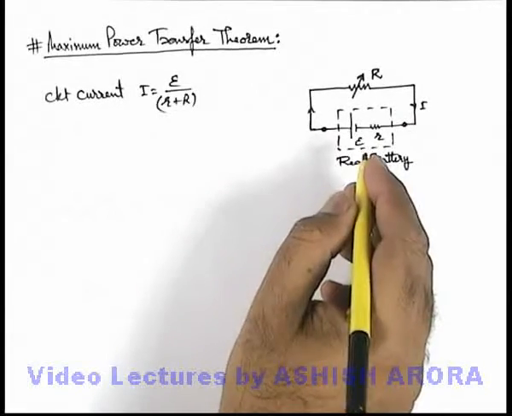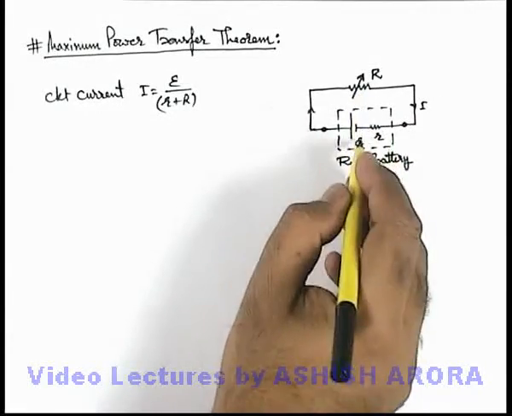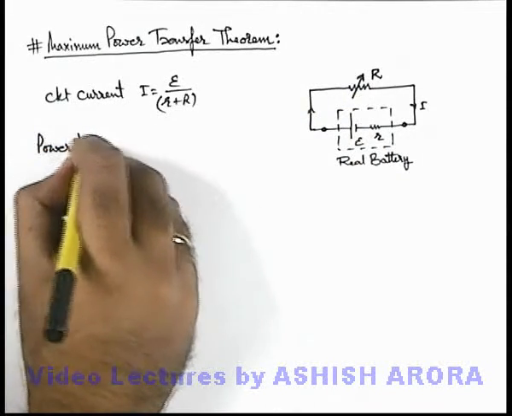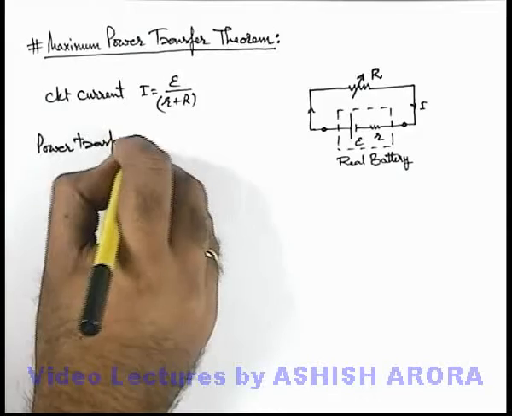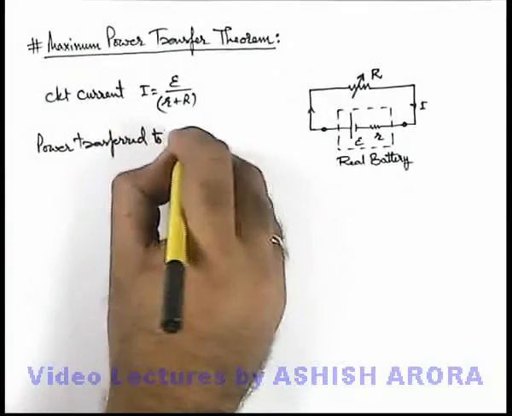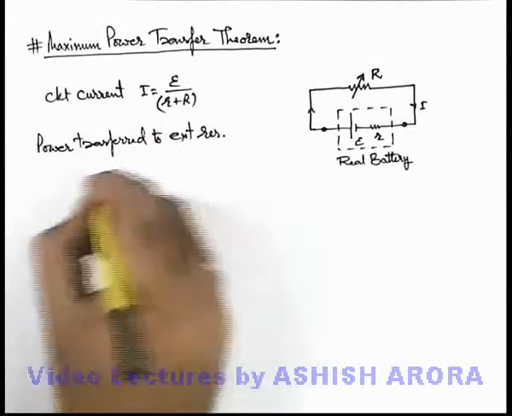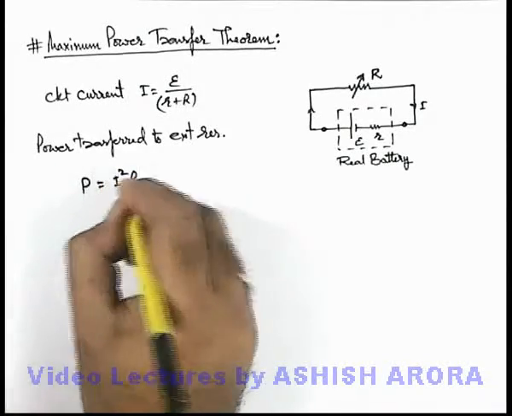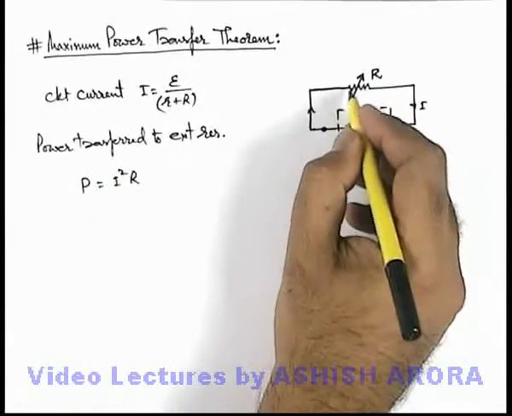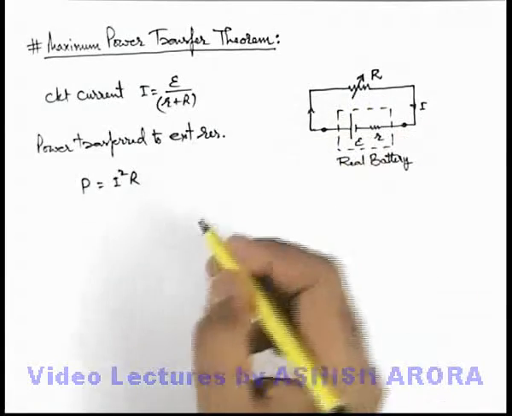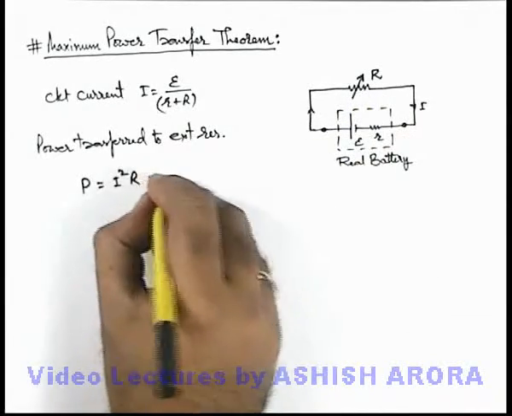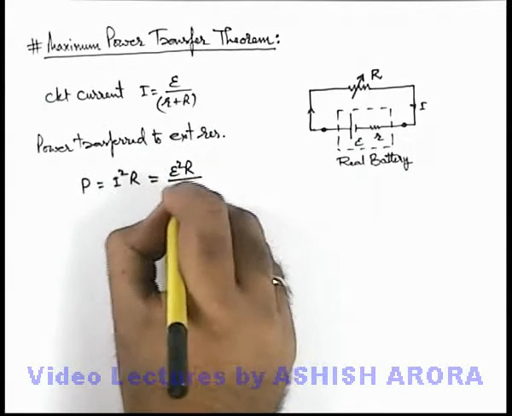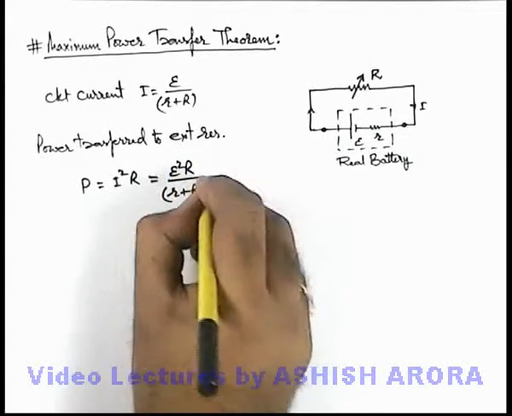Now if we calculate the power transferred by the battery to the external resistance, this power P is equal to I square R, which is the rate of heat dissipation in the external resistance. If we substitute the value of I, it is E square R by (small r plus R) whole square.